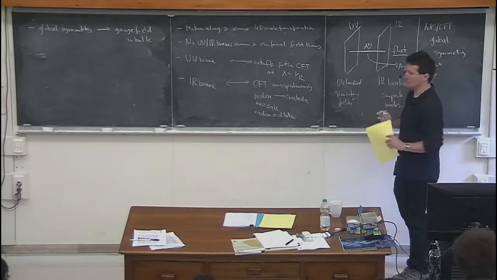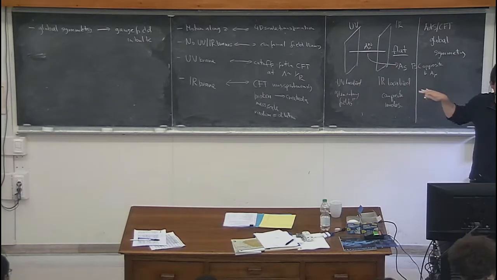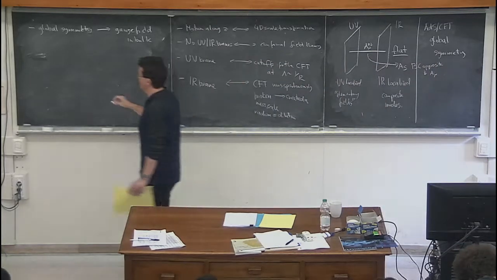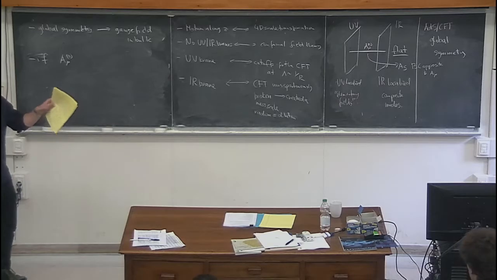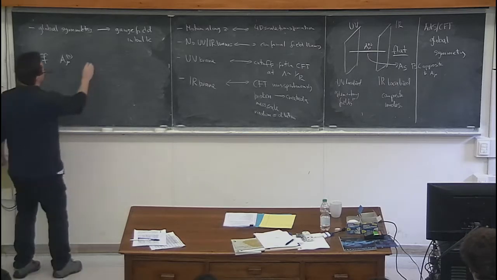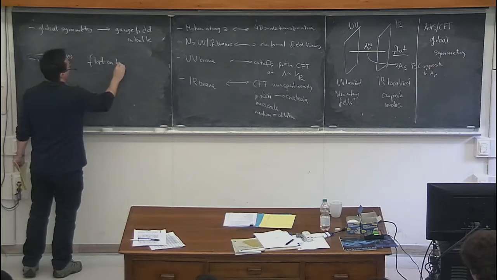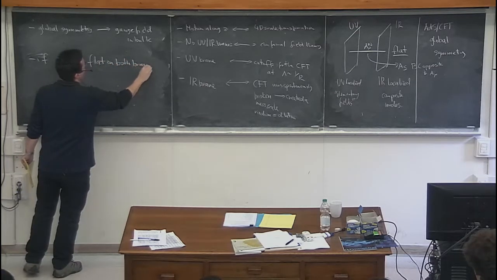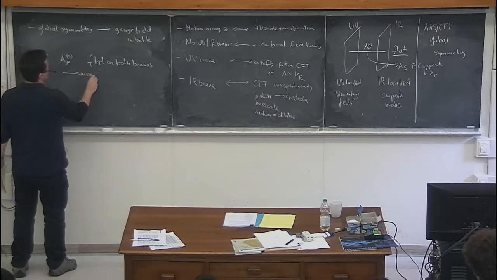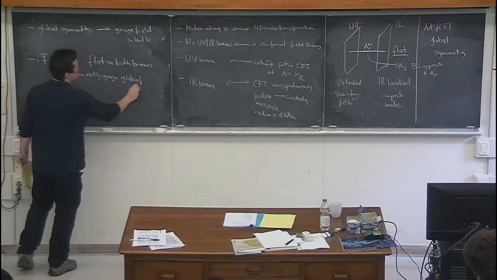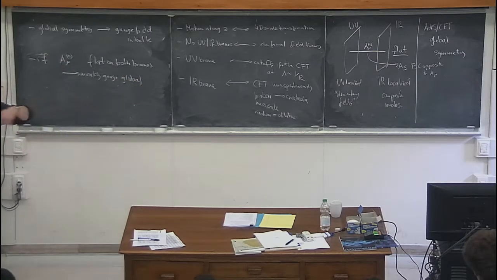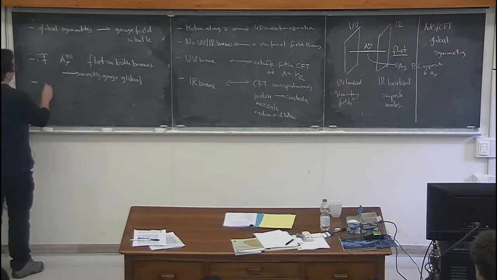Okay, so the story with the gauge and global symmetries is the following. You will have a gauge symmetry if, of course, this flat zero mode remains normalizable. So if A mu 0 has a flat boundary condition on both branes, you will have a weakly gauged global symmetry, because you will have the zero mode, which Maldacena couldn't possibly have, since he didn't have the UV and the IR brane, and this A mu 0 was always non-normalizable.